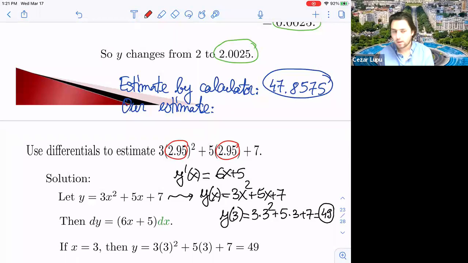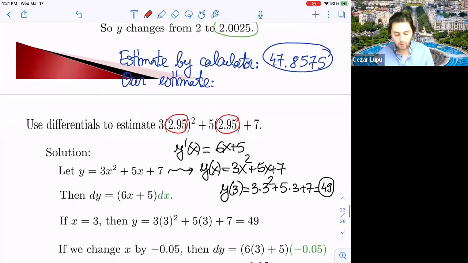Well, how are we going to change x? From x equals 3 to 2.95, how does x change? It will change by what? Exactly, by 0.05, 0.005 you mean? Ah, yeah, exactly, 0.05, correct.